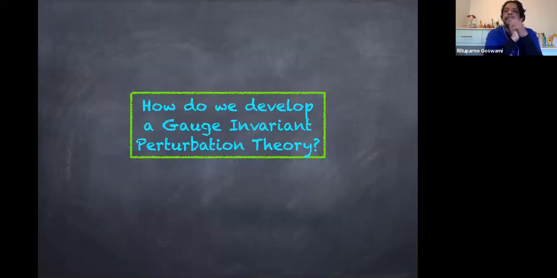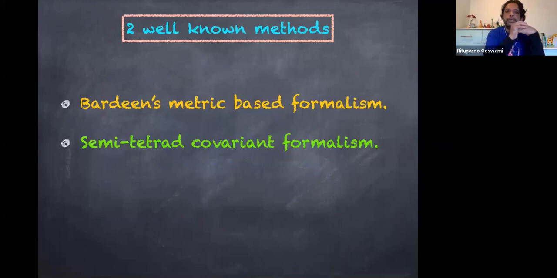So knowing this lemma, how do we develop a gauge invariant perturbation theory? There are actually two ways one can do it. The first one, which is very famous and oft used, is Bardeen's metric based formalism. Take any paper on cosmological perturbation, the highest probability is they are using Bardeen's formalism.